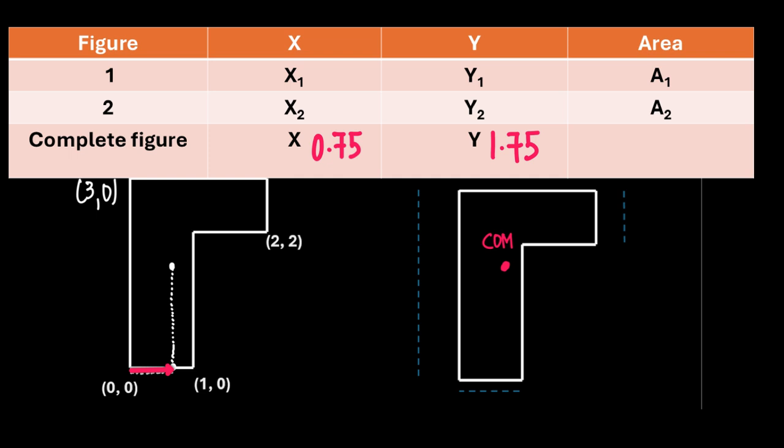And then y is equal to 1.75 means you come up like this, 1.75, right? So this represents the coordinate x bar comma y bar, and therefore the center of mass is somewhere, as a rough estimate, close to this region.